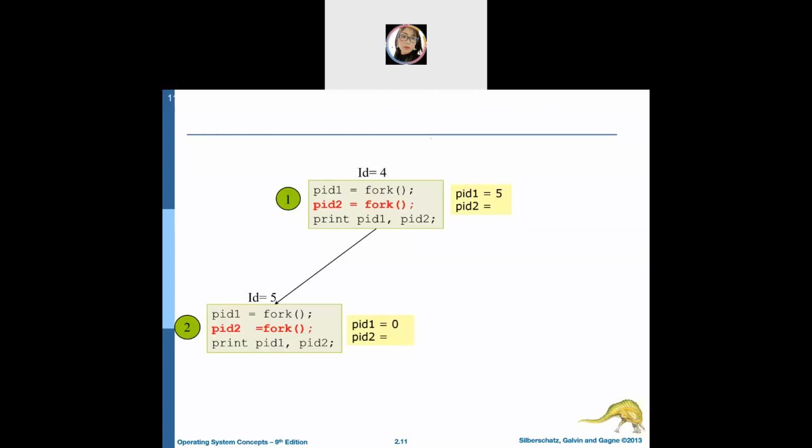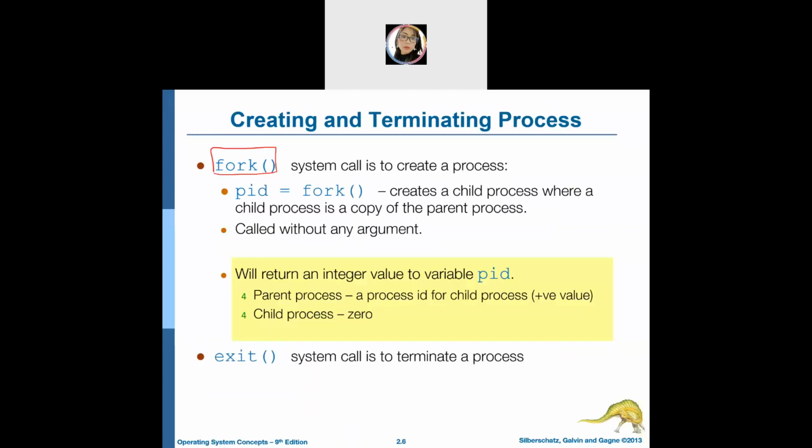So first of all, assuming that for PID1, after you point here, you're going to have the value for PID1 first. And your PID1 equals 5 here. If PID1 equals 5, you're going to have the ID equal to 5. And you're going to point later on to your PID2. You're going to see that after you execute the single line, it will return back to a 0, as mentioned in your previous slide here.